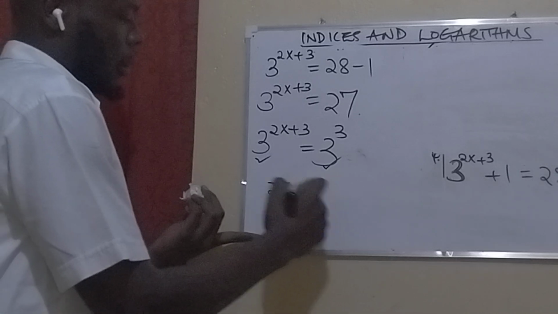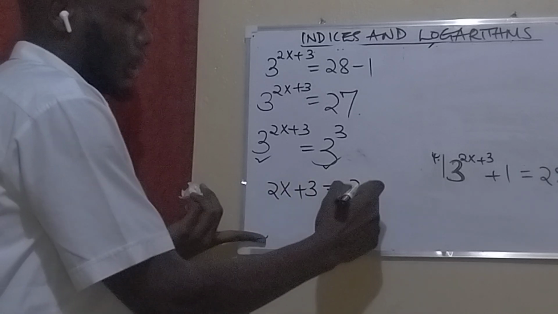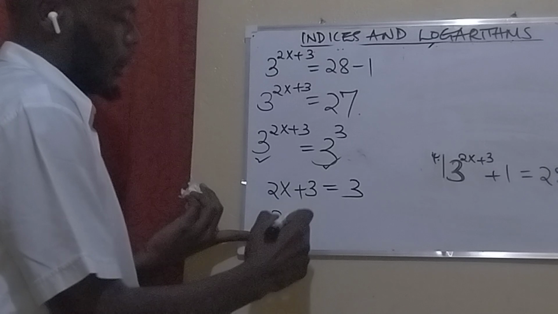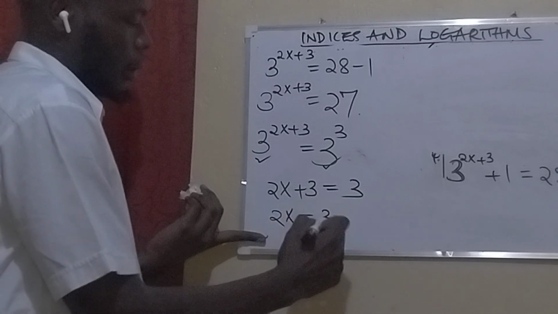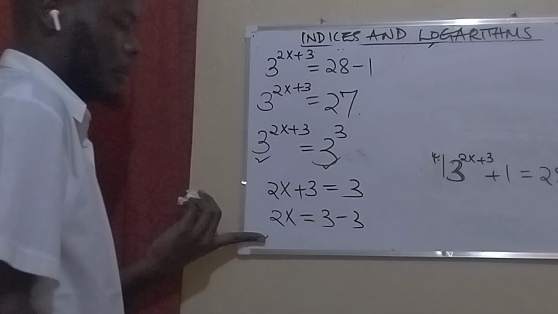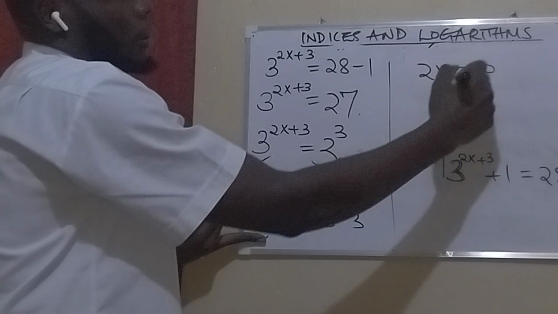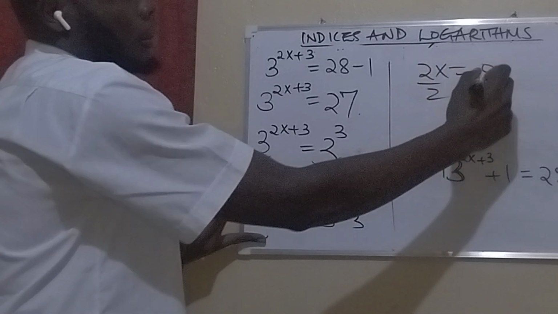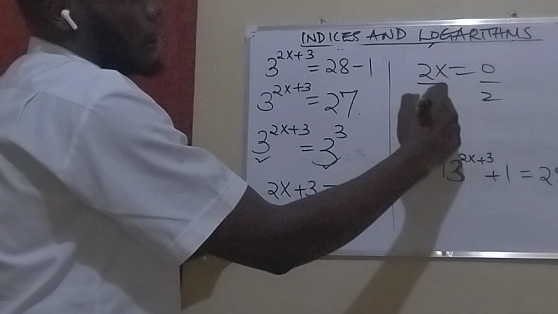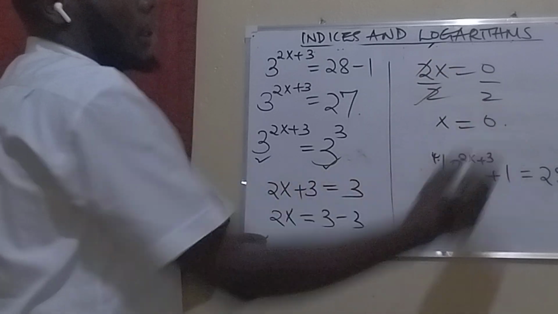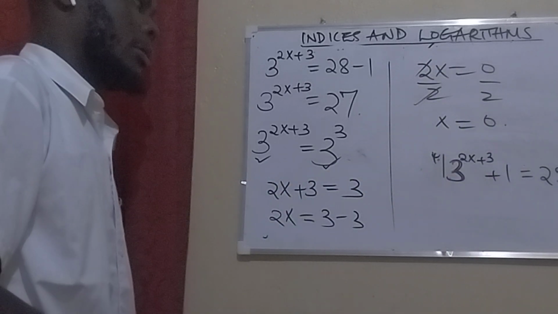So you have 2x plus 3 is equals to 3. So you have 2x is equals to 3 minus 3. So 2x is equal to 0 and divide by 2 both sides. So your x will be 0.